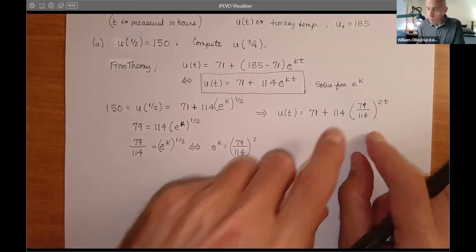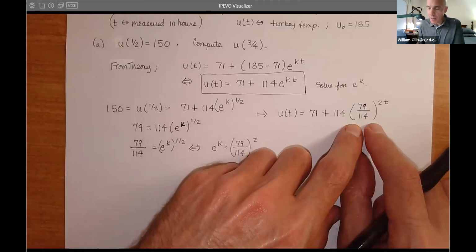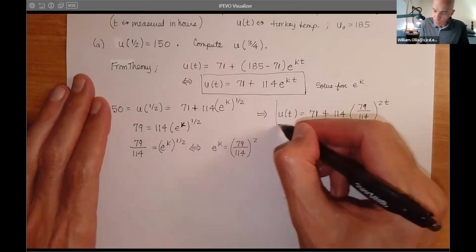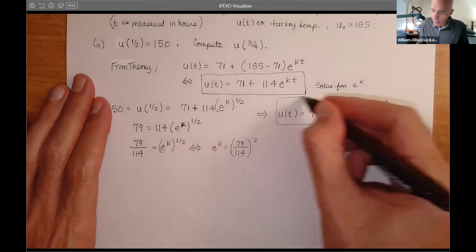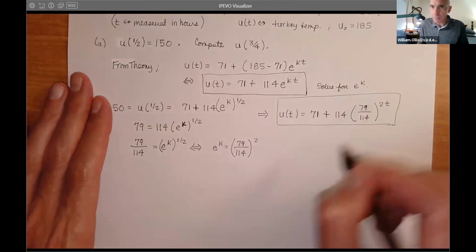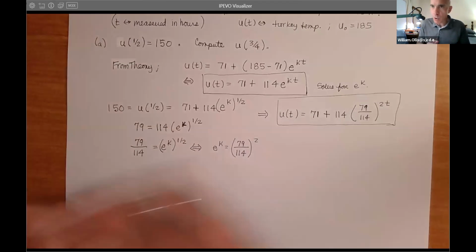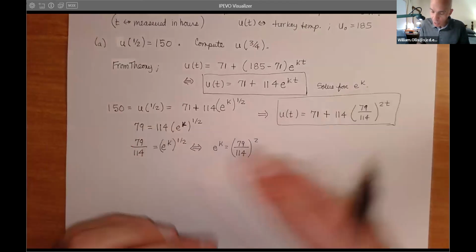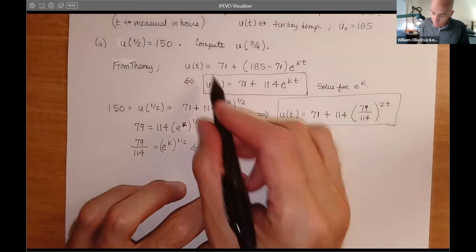So don't try to absorb anything, because this is the law and it preserves the 2t. Don't do something that's just going to rip this apart. So leave everything alone.